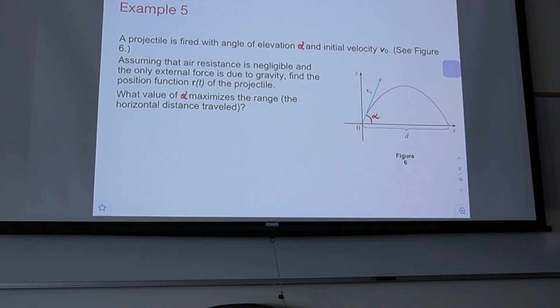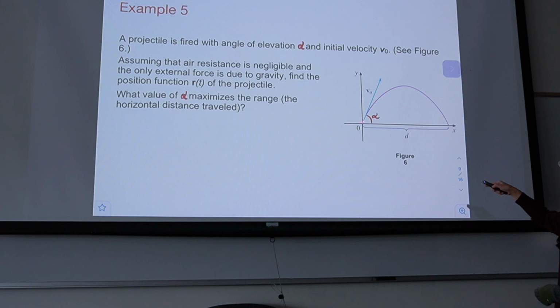Okay, very good. So a projectile is fired with the angle alpha here. The initial velocity is v naught. Assume that we can neglect the air resistance, and the only force acting on the object at any moment is just gravity. Then we try to find the position function r(t) at any given point.